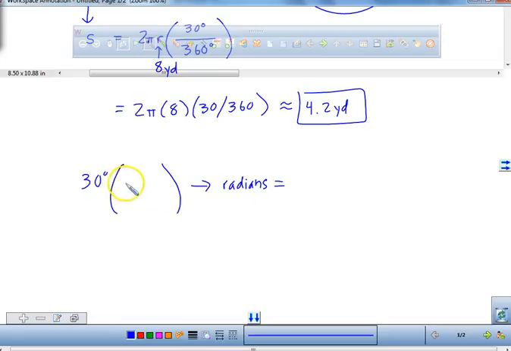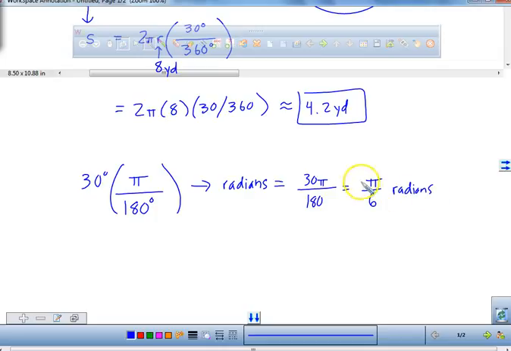So we're going to take 30 degrees and multiply by pi divided by 180. When you multiply it, you get 30 pi over 180, and that reduces to pi over 6 radians.